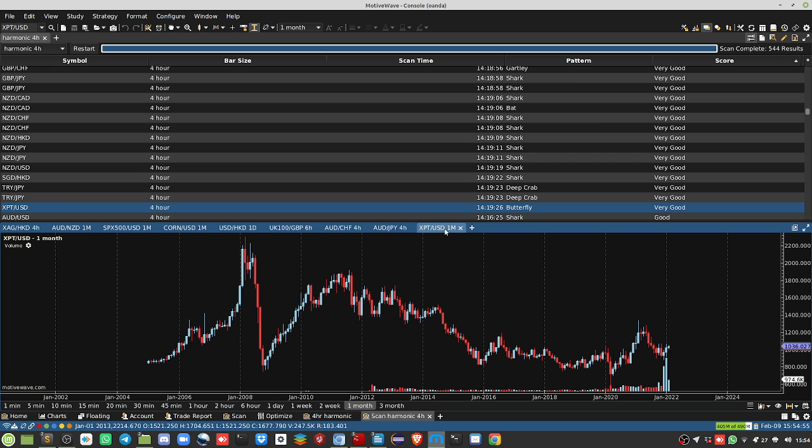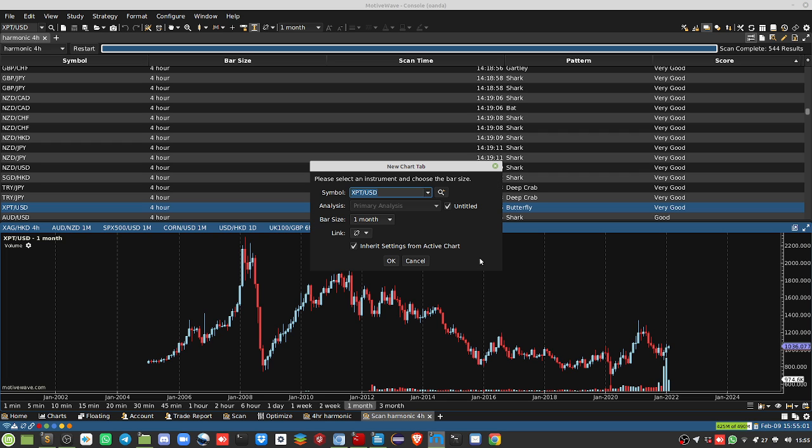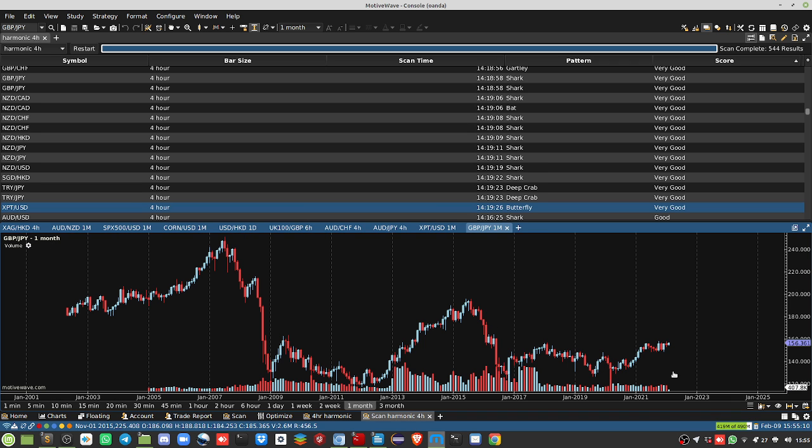Another one to look for is Britain against the Japanese yen. So this is another performing one, not just the stock market, but generally the overall stock market and the currency.